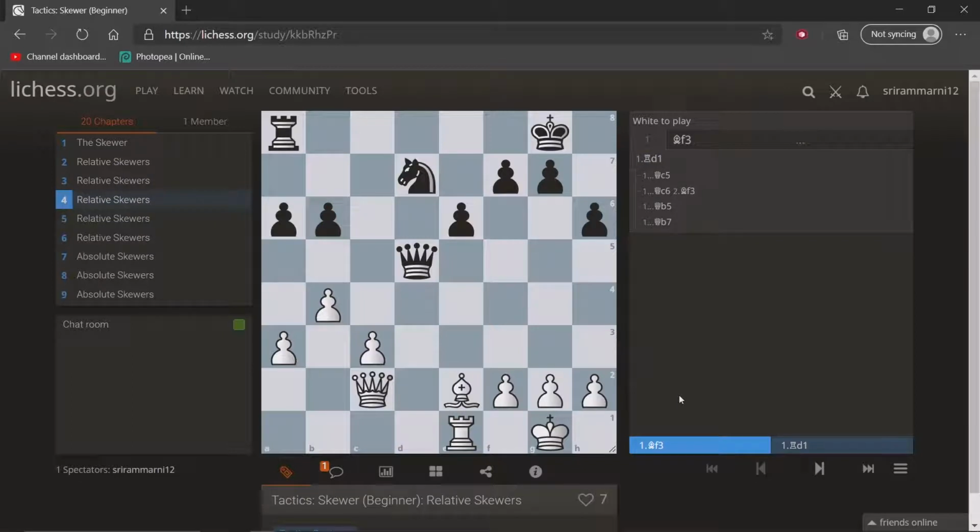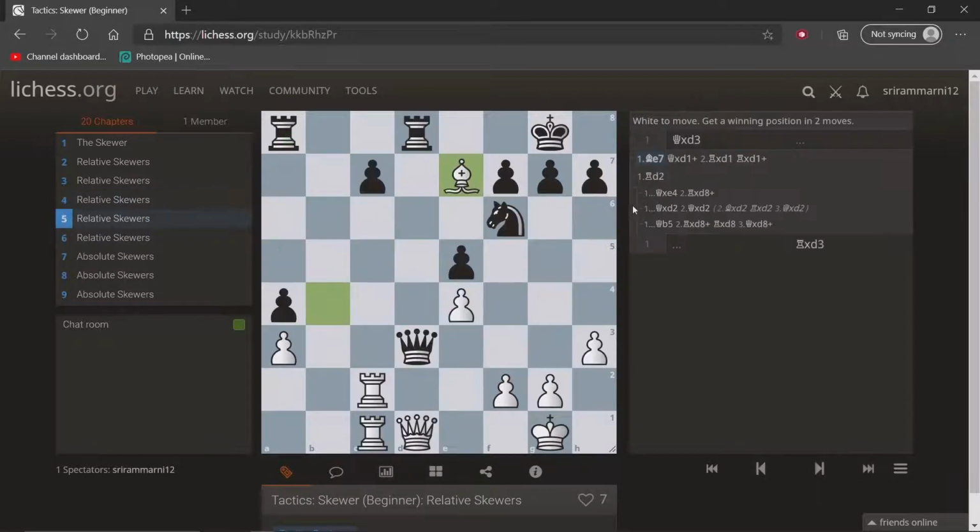But the best move here in this situation is actually bishop to f3, because you're skewering this queen to the rook, and the moment the queen moves away, there's no way that this rook on a8 can be defended. So it's pretty much just a free piece. Let's move on to the next one.